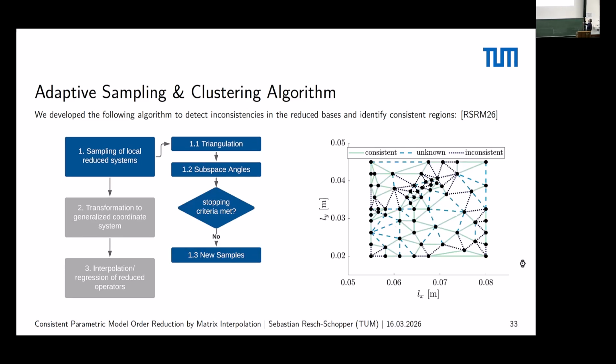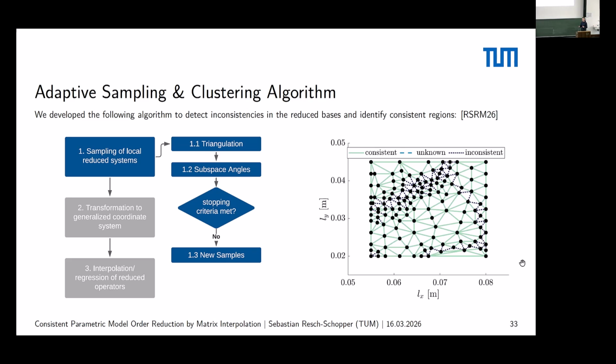In between, you can see that we get these edges with unknown consistency, and it places more and more samples until all the distance criteria are fulfilled and all connections are either consistent or inconsistent. Now we can nicely see that, for example, here we have 6 samples, which are all pairwise consistent with each other.